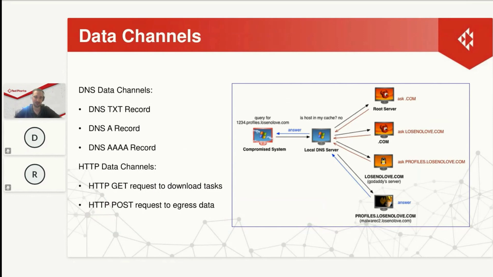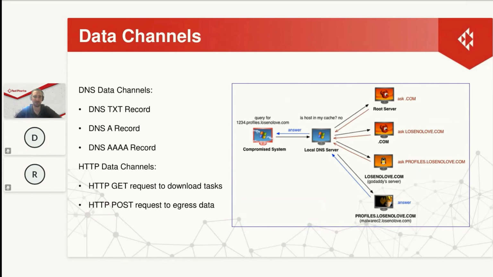If they use an HTTP beacon, there are two ways you can infiltrate and exfiltrate data. The first is to use an HTTP GET request. This is used to talk to the team server to download tasks, so any commands or scripts they want to run on the compromised host, they can use this to get the outstanding tasks.